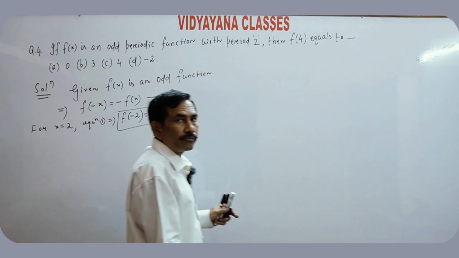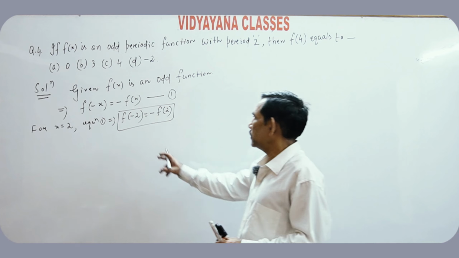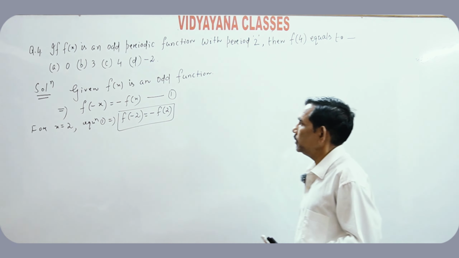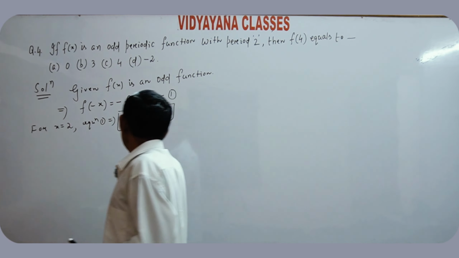Clear? f(x) is an odd function, f(minus x) is equal to minus f(x). For x equal to 2, equation 1 implies f(minus 2) is equal to minus f(2).